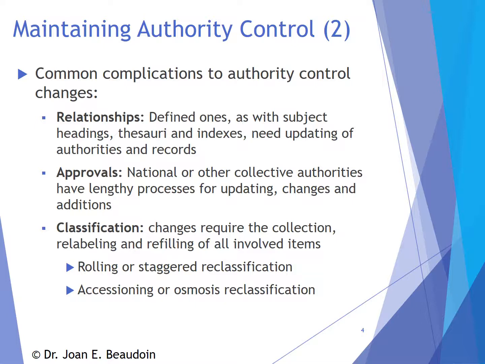If you change a heading and those relationships are described in that record, or were described in the record before it was updated, you need to make sure that those relationships are still maintained, or they may be changed, because that can sometimes happen. Previously it might have been in a scientific taxonomy that an organism was thought to be related, and now it is no longer related. It was discovered it isn't related.